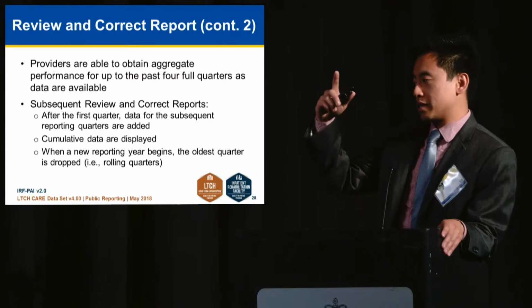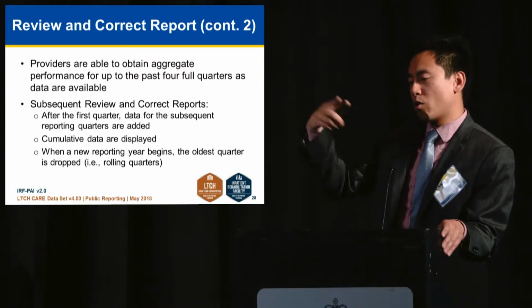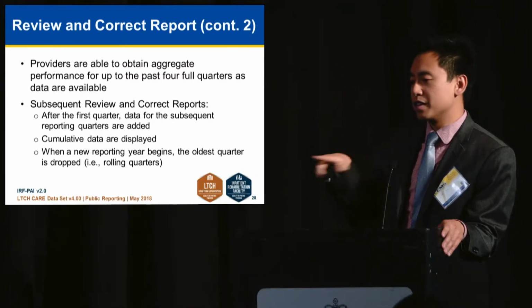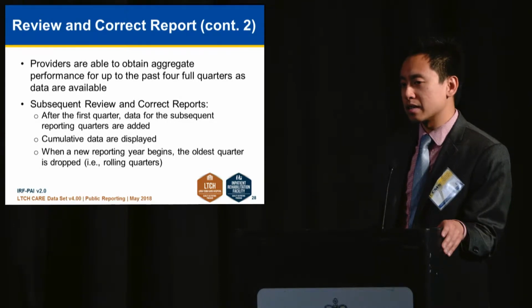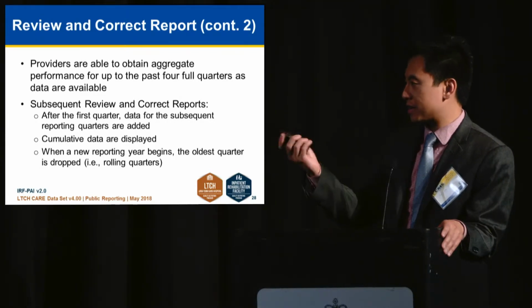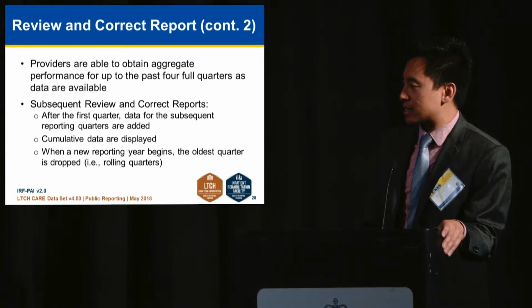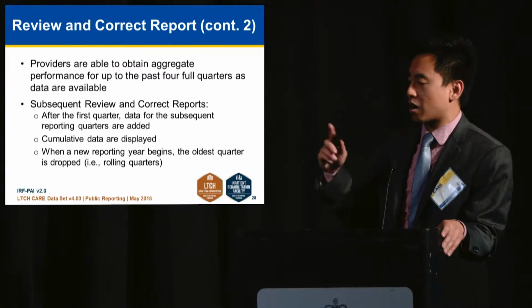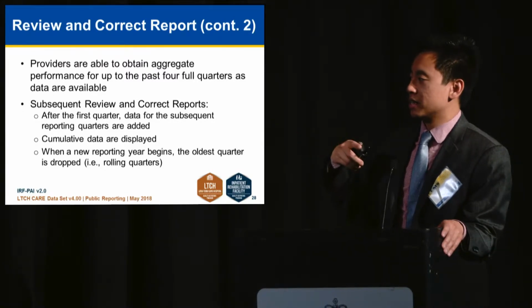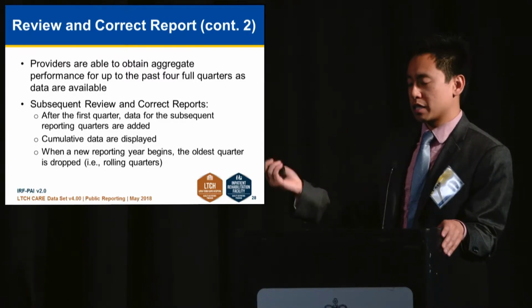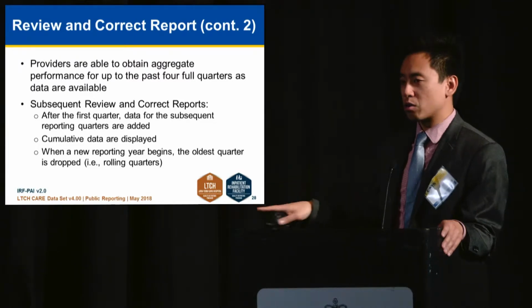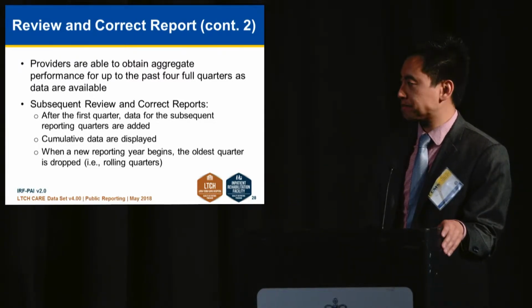Also you'll see that it displays each quarter, and then the cumulative rate is the bottom row of the report. And as I said earlier, all the quality measures right now are in rolling quarters. That means when a new quarter gets displayed, the oldest quarter gets dropped.